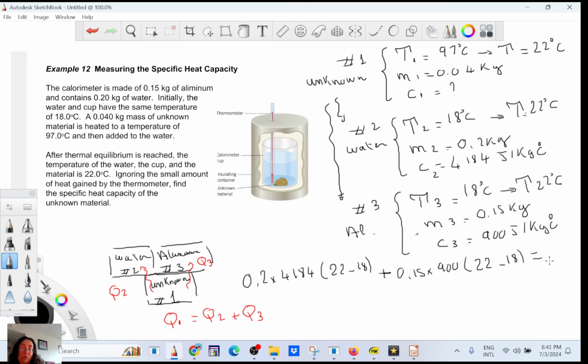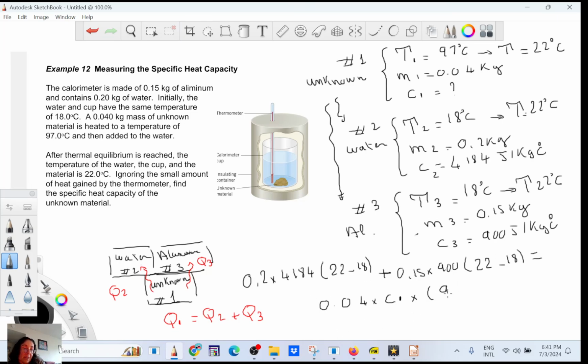And that will be equal to the energy transferred from the unknown substance. Unknown substance has a mass of 0.04 times C1 times, so the final is 22, initial is 97. But here there should be a minus, right? Because it's what is gained equals what is lost. So I want to make sure that this is positive.